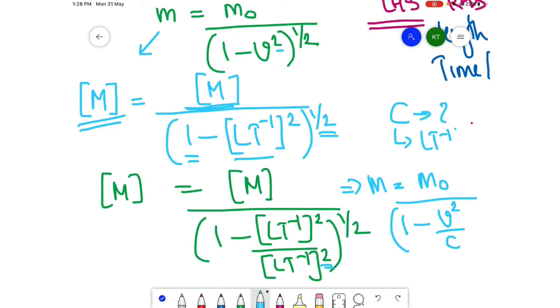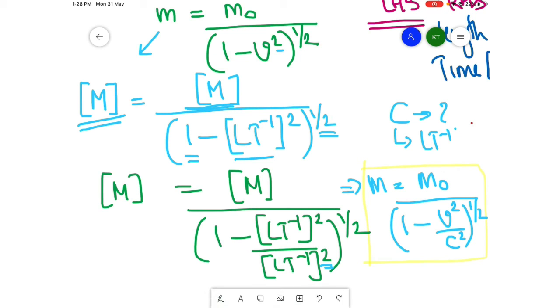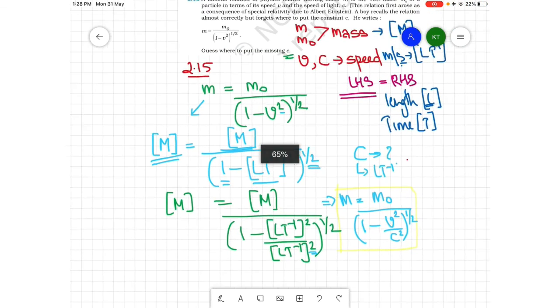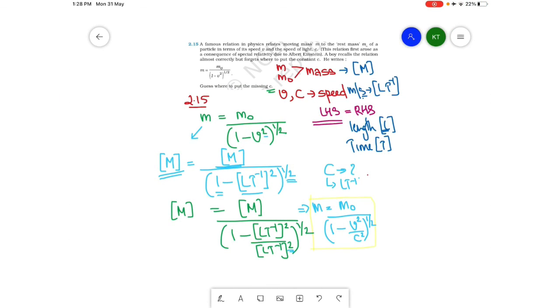We can write it as c, but since we have a square here, write c square, raised to 1 by 2. So our final equation is m is equal to m0 divided by 1 minus v square by c square, the whole raised to 1 by 2. So this is the famous relation. And that is the end of this question.